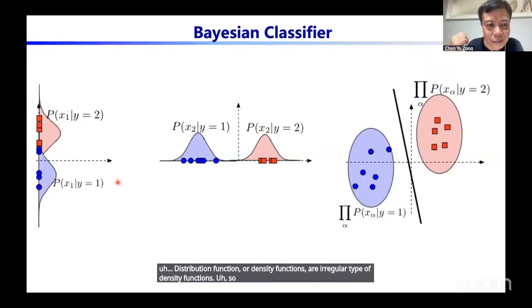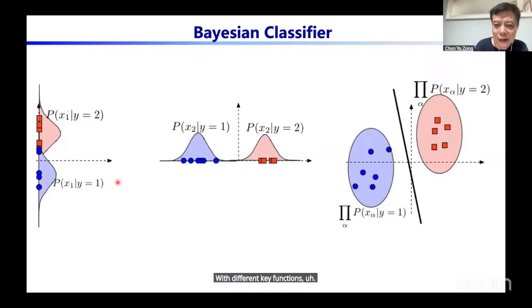So the density function becomes multiple types with different probability functions, and that's why you can see here you have a multiplication of multiple probability functions or density functions to represent any kind of distribution of real data.